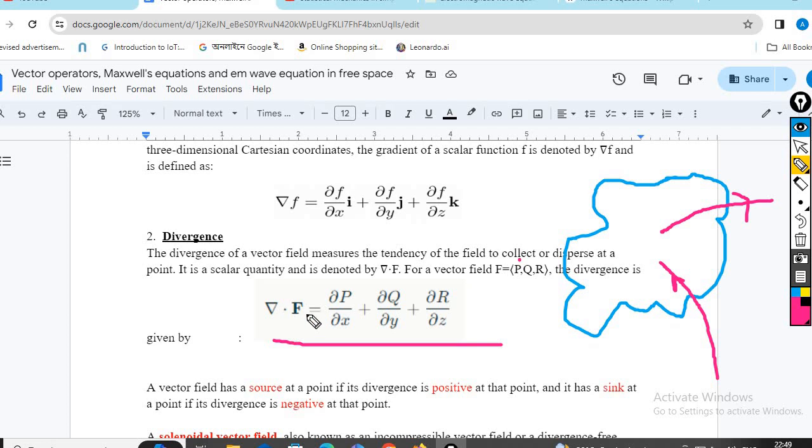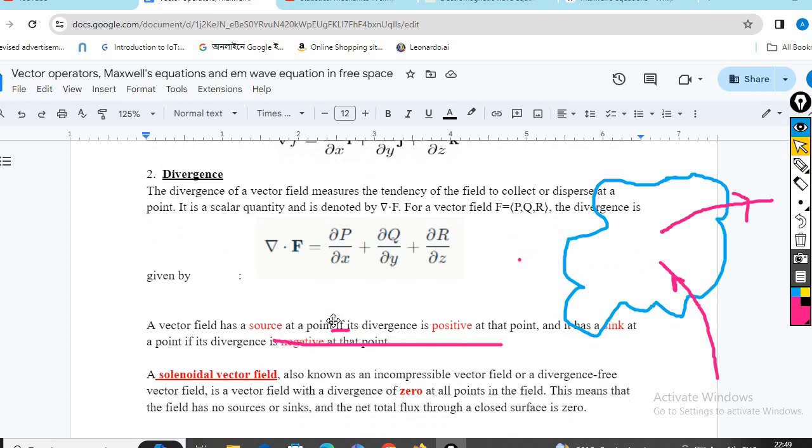So when you are operating over this, you are just checking the directional derivatives, d dx, d dy, d dz. Now if the divergence of a vector field is positive, then we will say that it acts as a source.